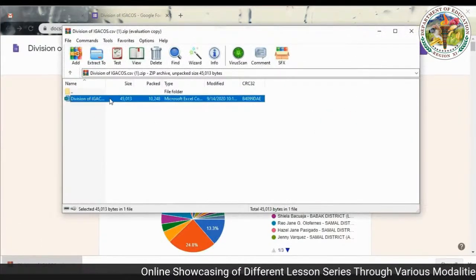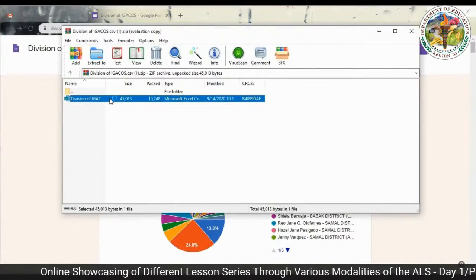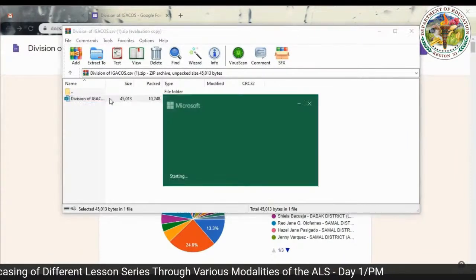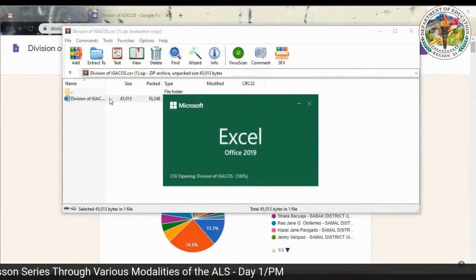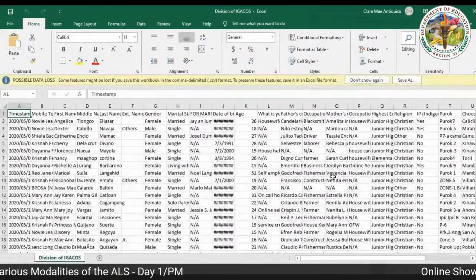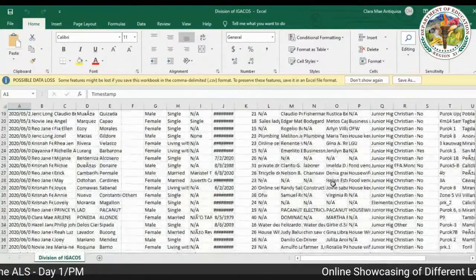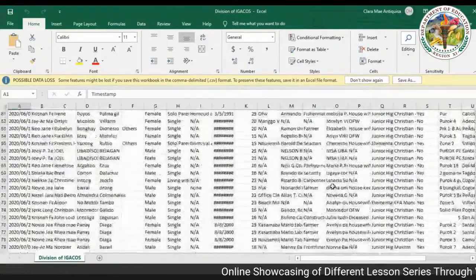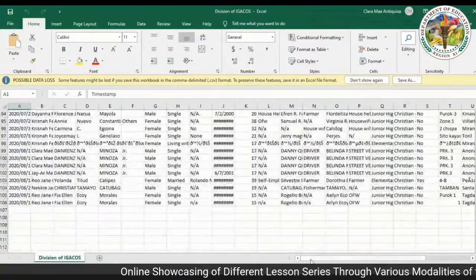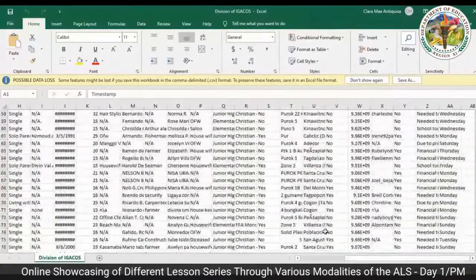The district ALS coordinator will hand over the enrollee's information to the implementer assigned in the enrollee's barangay. Using the contact number that the enrollee provided, the ALS teacher will contact him or her for confirmation and to keep the enrollee updated.